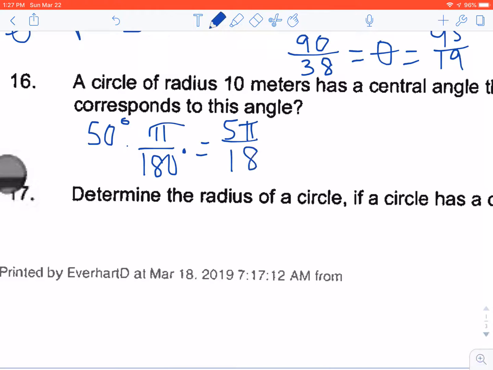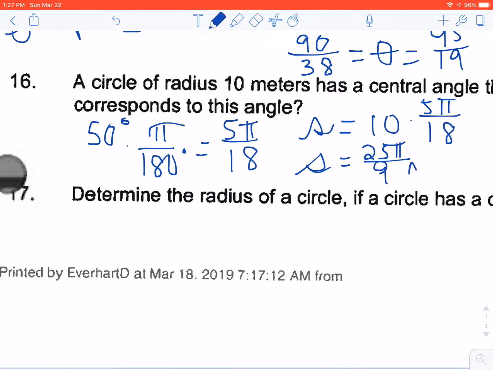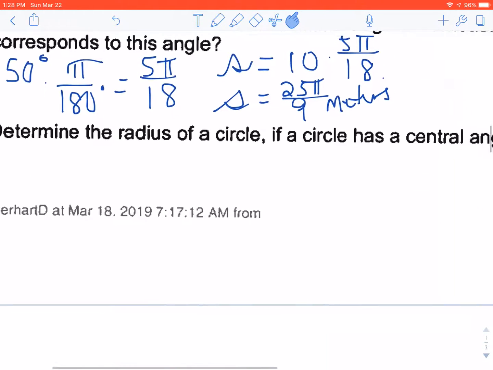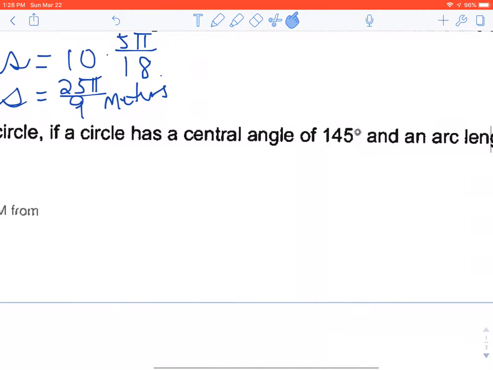And then I'm going to use S equals R, which is 10, times theta in radians, which is 5 pi over 18. I could either use my calculator or just leave it as a fraction. It's 25 pi over 9, and that's in meters because the radius was in meters. And theta is unitless.